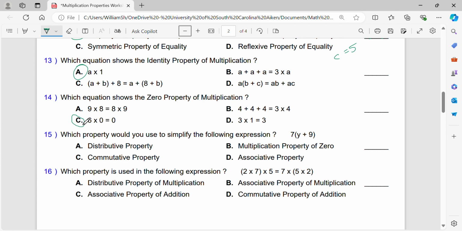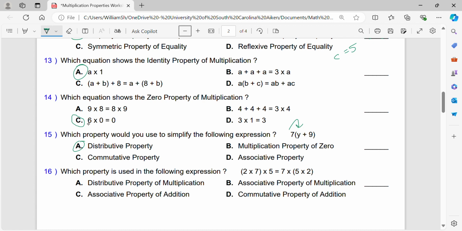Right. Number 15. Which property would you use to simplify the following equation? Y plus 9. What is this set up to use? Hopefully, distributive property is over there screaming out, use me.